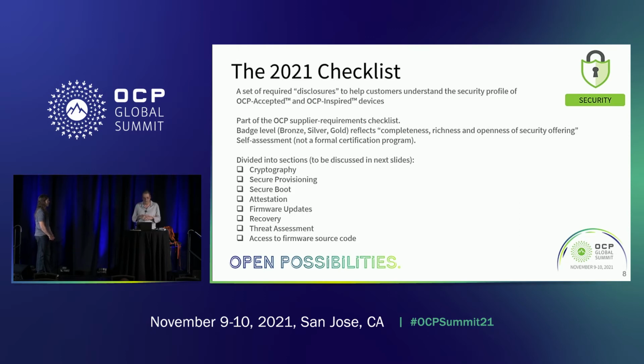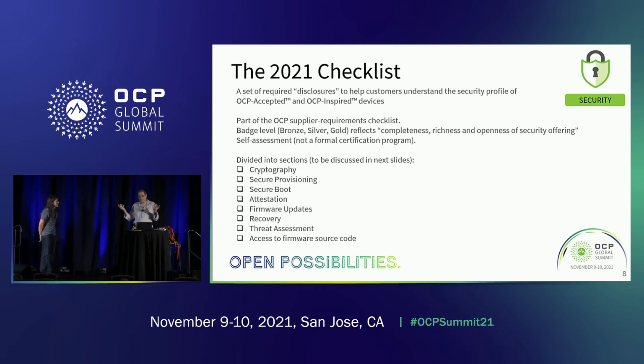You need a strong identity, so you need to ensure that it's provisioned in a secure way. We'll talk about important features such as secure boot, attestation, how you do firmware updates, and recovery. And then threat assessment, or basically what's your threat model for the system that you're submitting to OCP for acceptance.